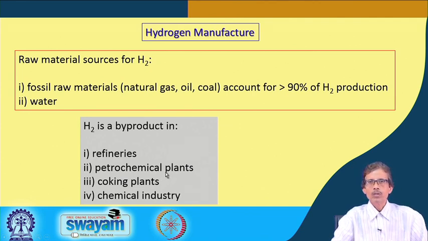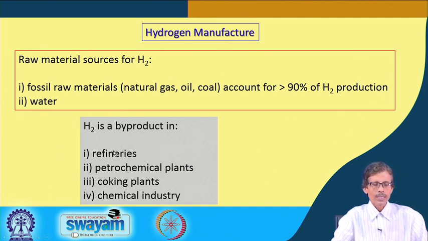So, during electrolysis of sodium chloride we get chlorine production, sodium hydroxide production, as well as a very interesting byproduct, our hydrogen.